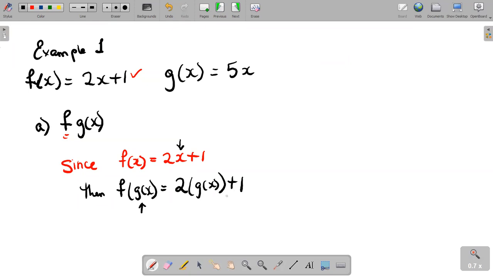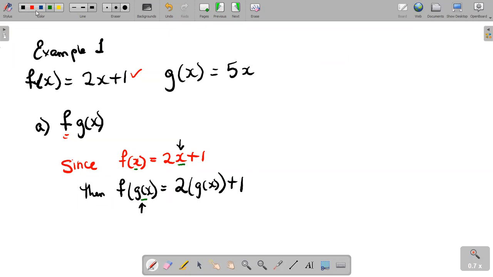plus 1. Before I move on, does everybody understand what I did here? Remember, usually we replace x with a number, but in composite functions, you're replacing x with an entire other function. So you're not going to use a number now. You're going to replace the x with an actual function. That's all I did. I replaced the x with g of x.